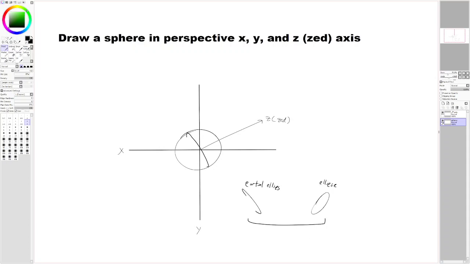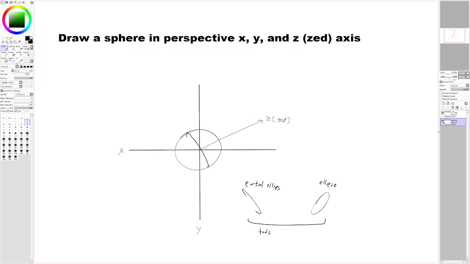But I do want to tell you, if you are going to try to do that through shading, you want to have a single light source, and you want to try to eliminate extraneous light sources, because it can make it a bit confusing to deal with if you have light coming from many different angles, and if you don't have some type of solid background to help you observe it in a simpler way. So we have our sphere.